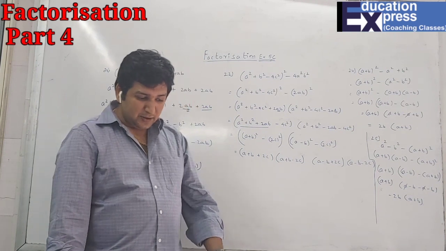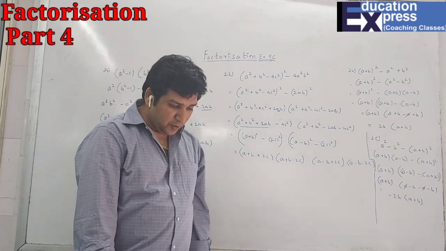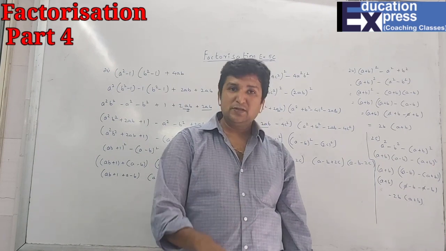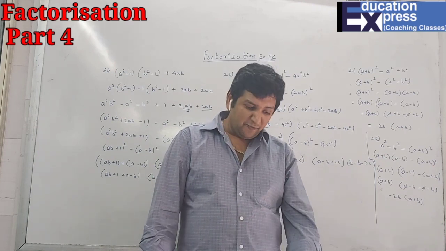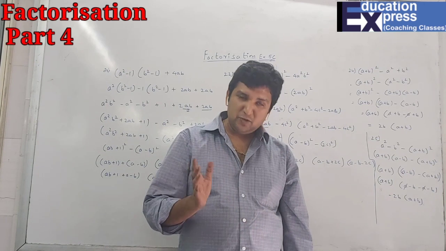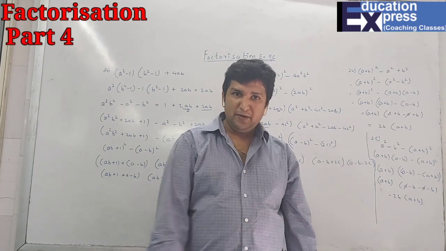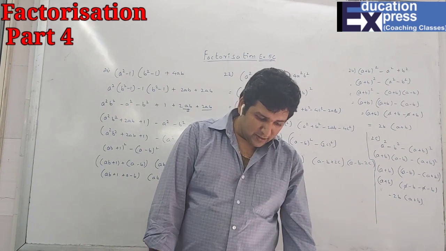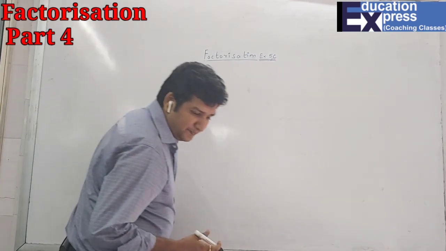There are many sums of the same type in exercise E also. So first we'll complete your 26, 30 and all the sums of exercise E except for the concept of 21, 27, 28. And then last we will do those sums. So right now we'll start with your 26th sum.